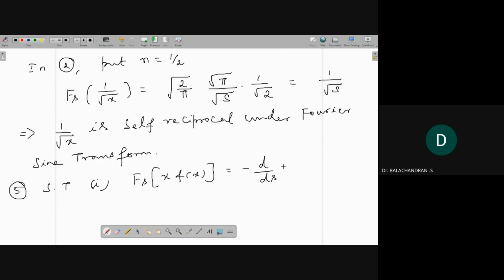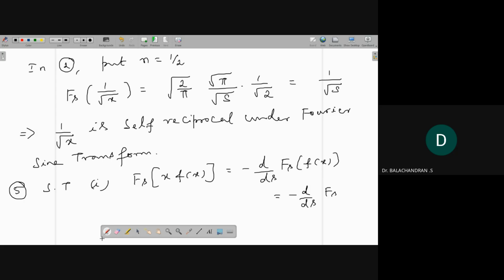Or minus d by ds of Fs of f of x, this is equal to minus d by ds of Fs of f of x is Fs of s.